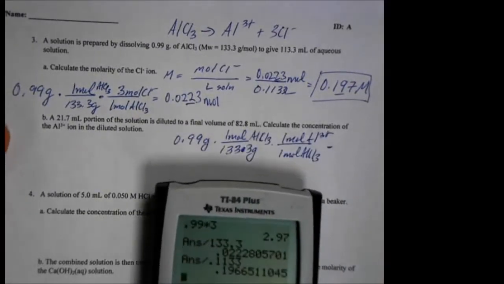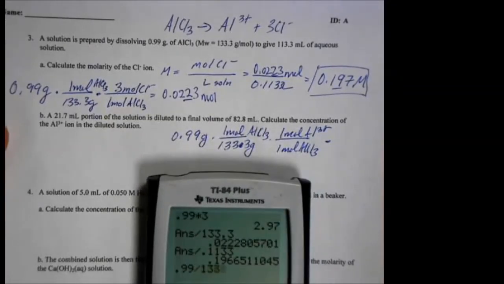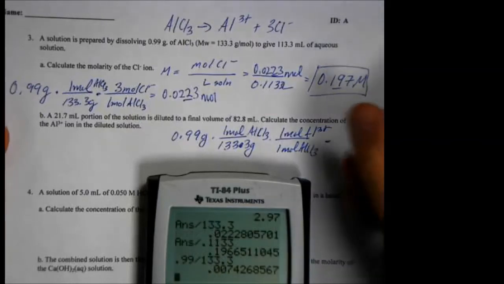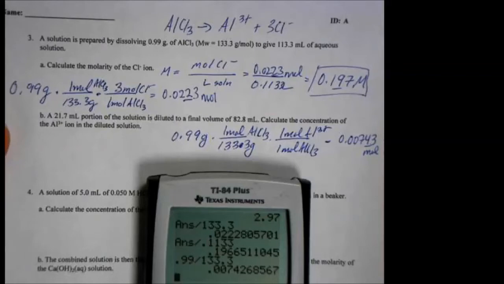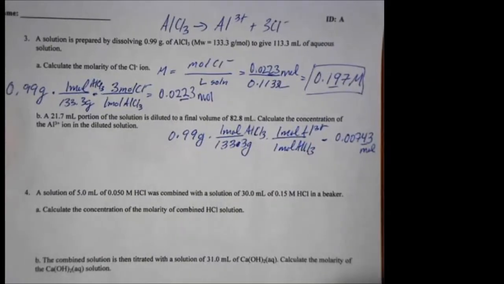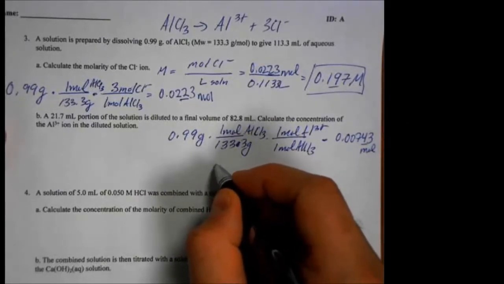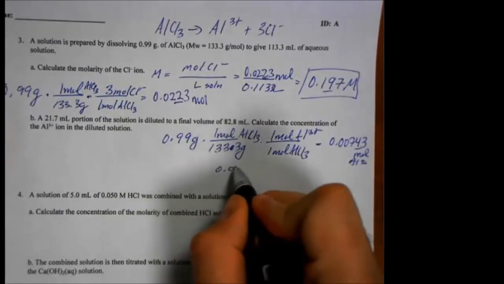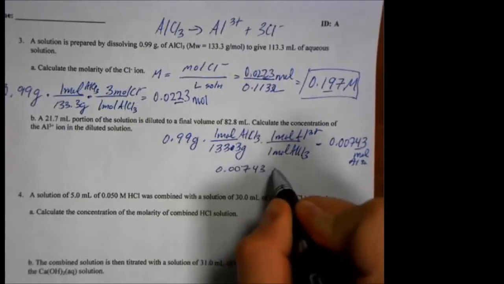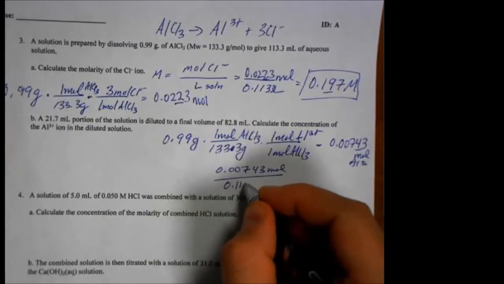And this will just give me my starting number of moles, which we will calculate as 0.99 divided by 133.3. So we get 0.00743 moles. And then, just like we did in the first problem, we can calculate the concentration of that initial solution in terms of the Al3+, just by taking the 0.00743 moles and dividing it by the 0.1133 liters.